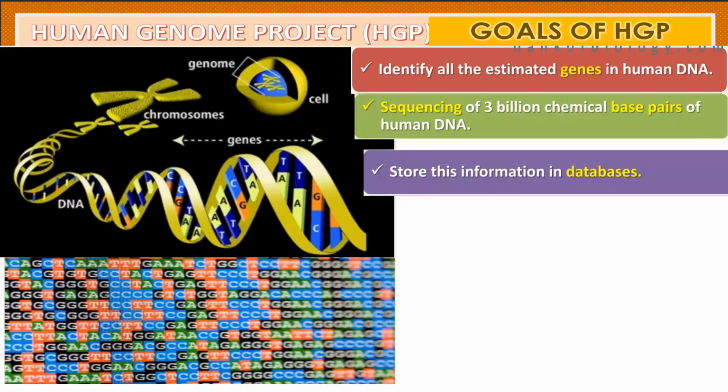Next, after sequencing, you have to store this data in a database. To store this data in a library, more than 3000 books would be required. So the best idea is to store it in a database, that is computer.